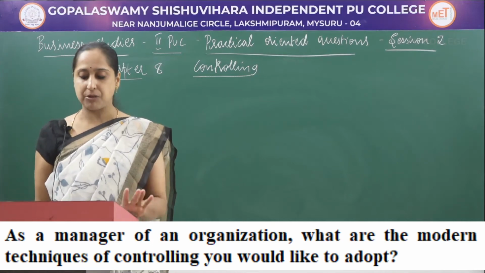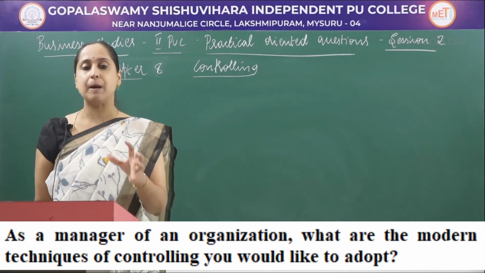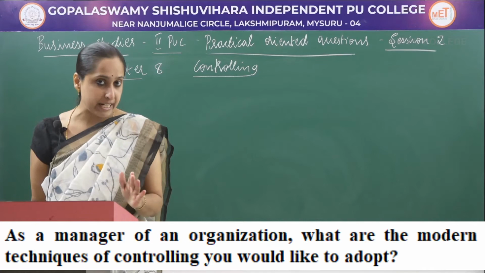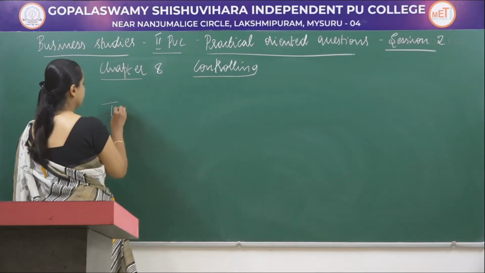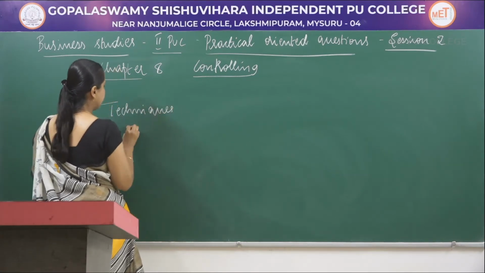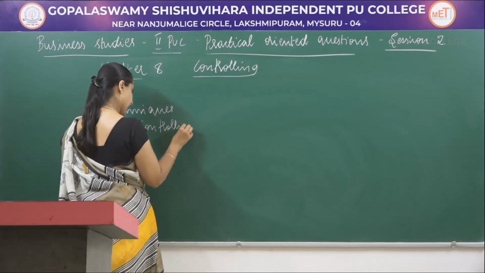So here you have to write the various techniques of controlling. Here you have to just mention the various techniques of controlling. Here also no need to write any explanation. Now let us see the various techniques of controlling.